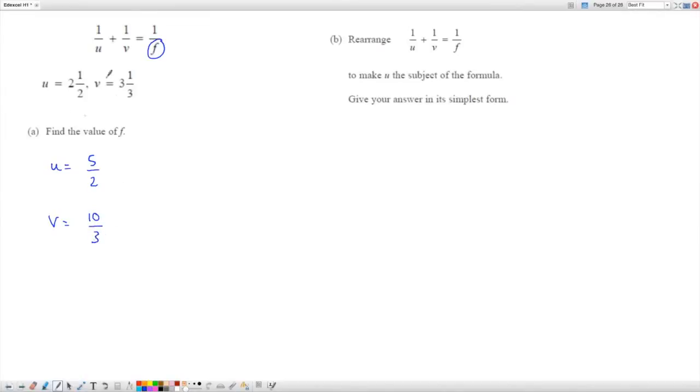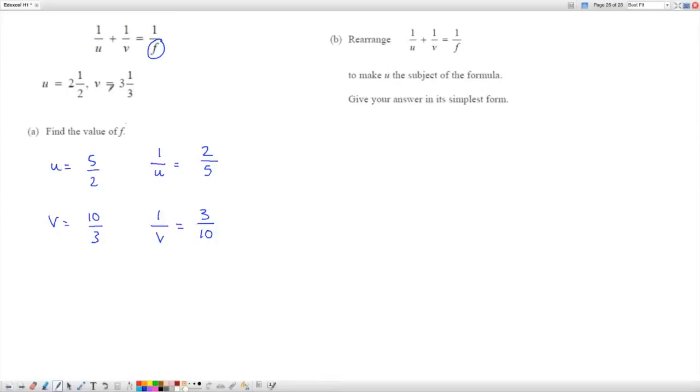Now we don't want u, we want the reciprocal, 1 over u. The reciprocal of 5 over 2 is 2 over 5. To find the value here, for the reciprocal, we flip our fraction. Similarly, 1 over v, flip round, the reciprocal is 3 over 10.